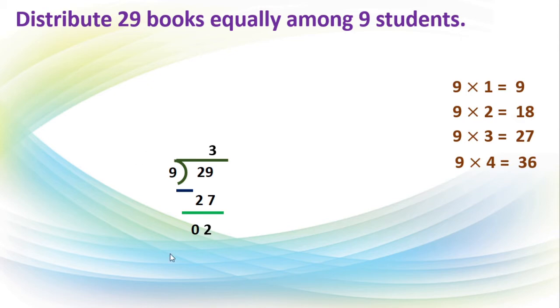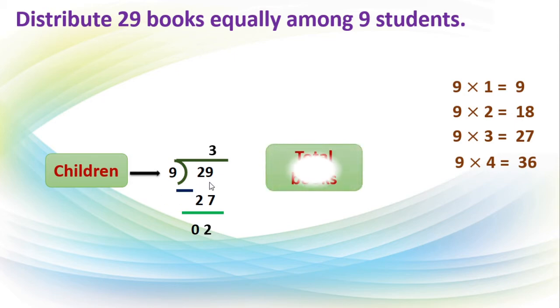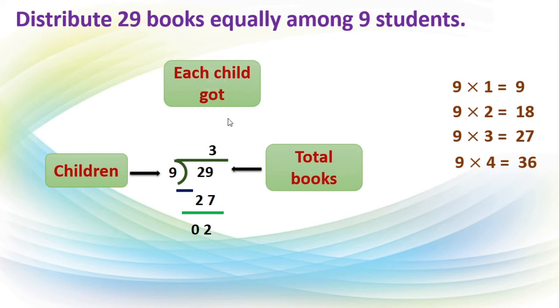Yes. Okay. Here also we will name these numbers. Here 9 is nothing but students. Among 9 students, the 29 books, that is total books, were distributed. Right? Each child got how many books? Each child got 3 books. Correct?